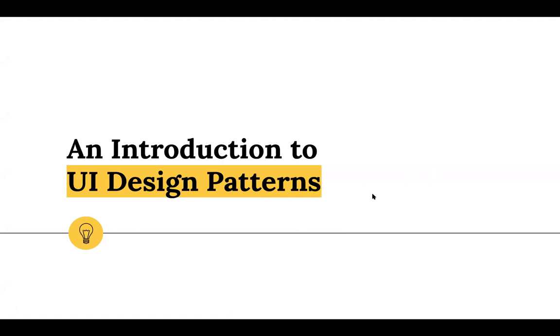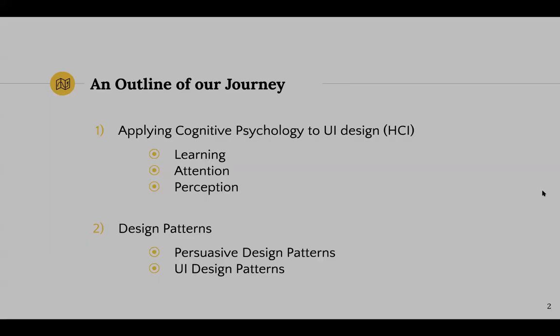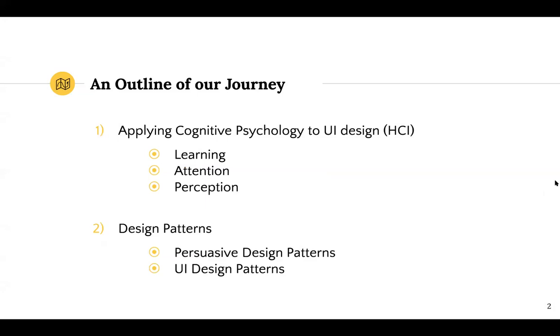But today I'm going to be presenting on an introduction to UI design patterns. And here is a brief outline. First, I'm going to be talking about applying cognitive psychology to UI design, and the different applicable aspects of cognitive psychology that I'm going to be talking about are these three categories.